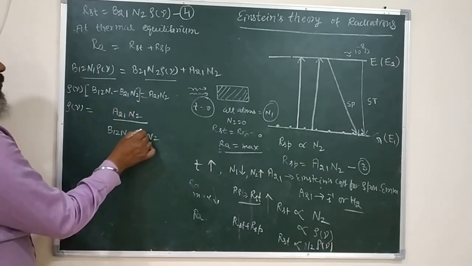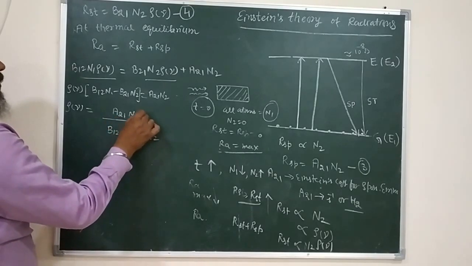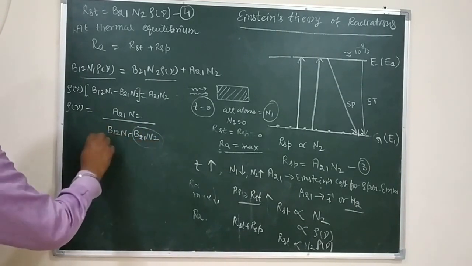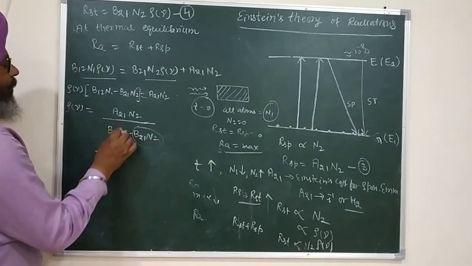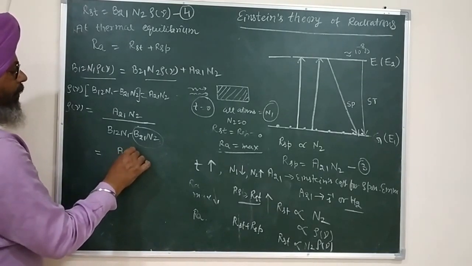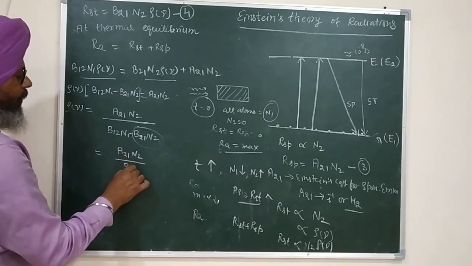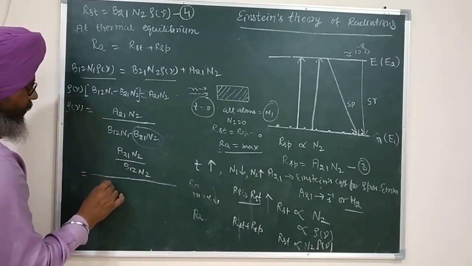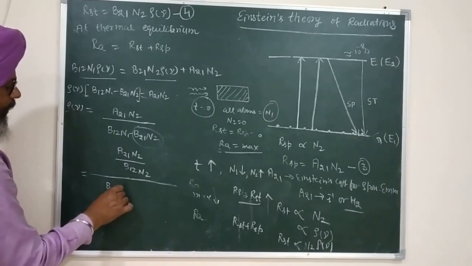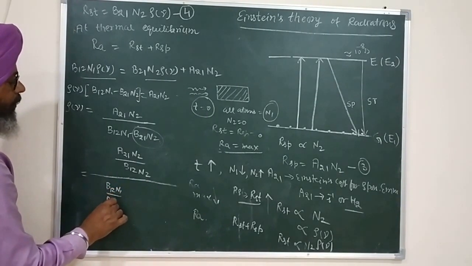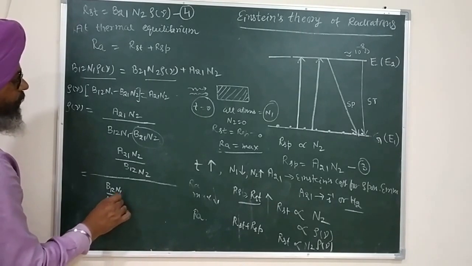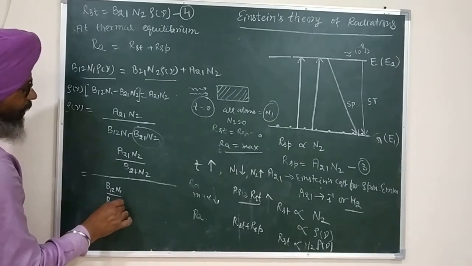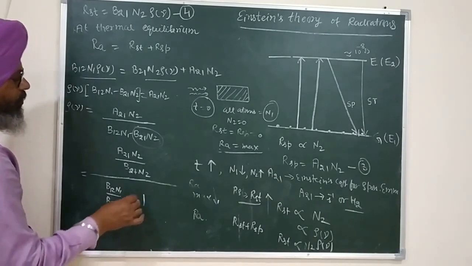Now we are going to divide the numerator and denominator on the right hand side by the factor B21 N2. When we divide by this factor, it will become A21 upon B21, upon B12 N1 upon B21 N2, minus 1.